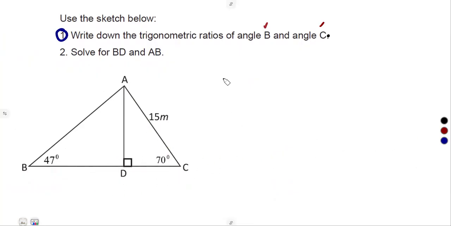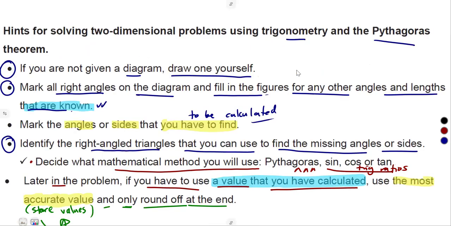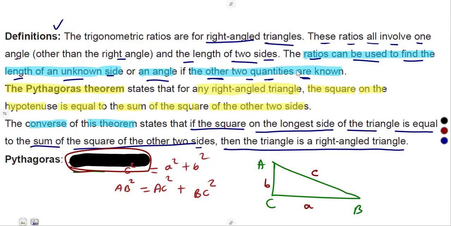So in order for us to solve for BD and AB, we have been referring to the application of trigonometry, using these trigonometrical ratios and Pythagoras theorem. We are going to focus on that.